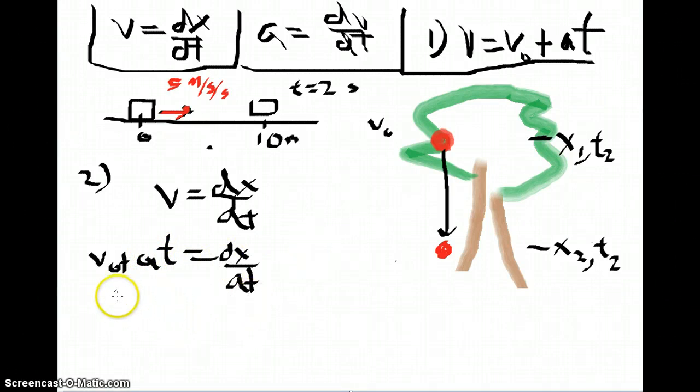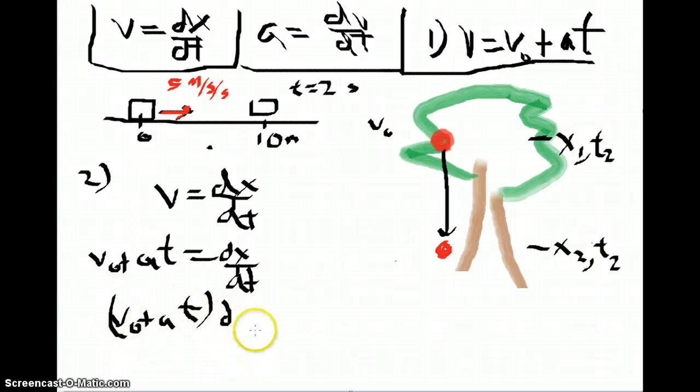In that case, we can say that v naught plus at, dt is equal to dx.